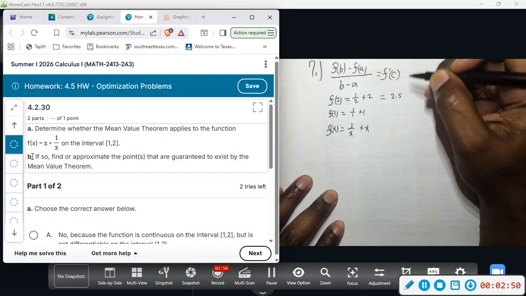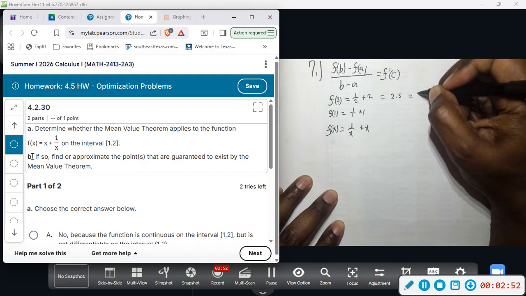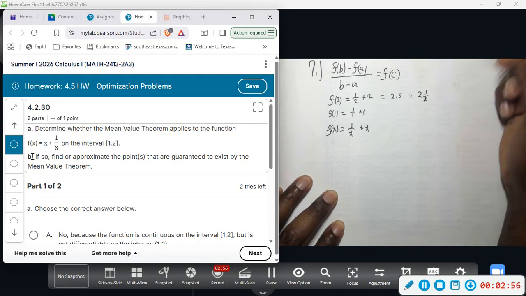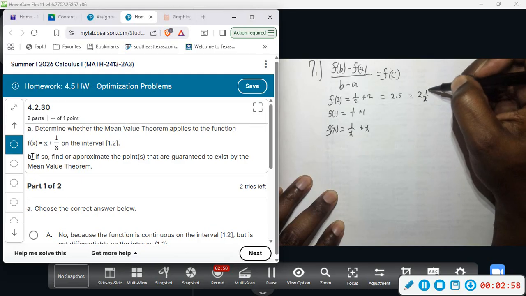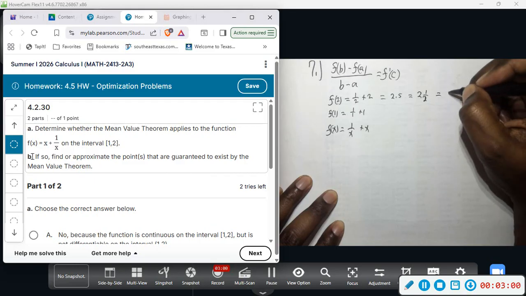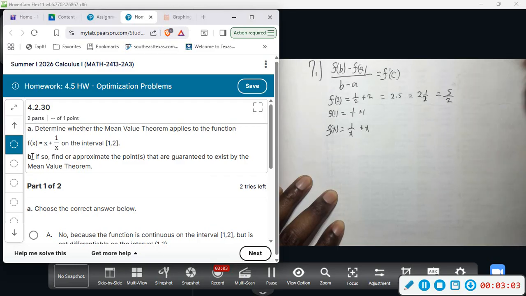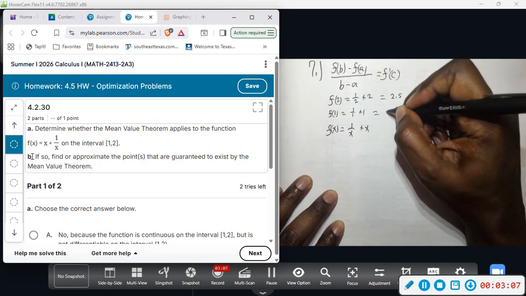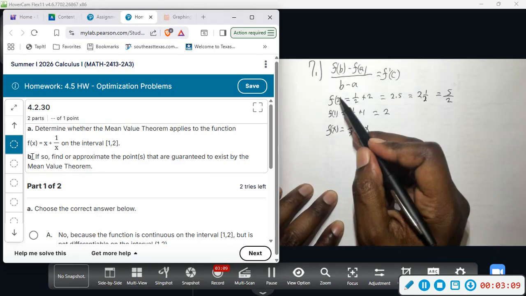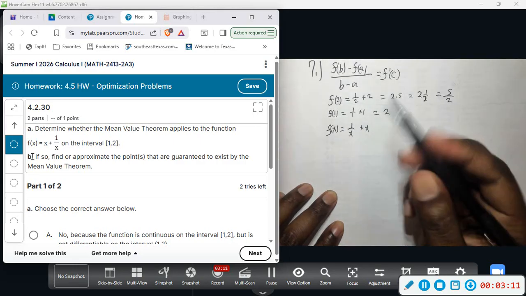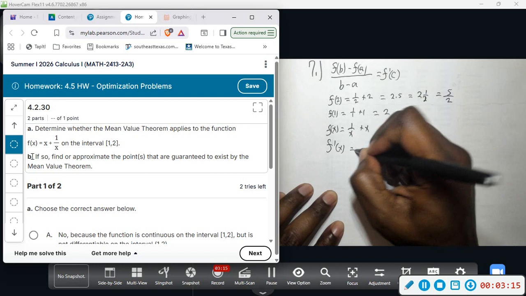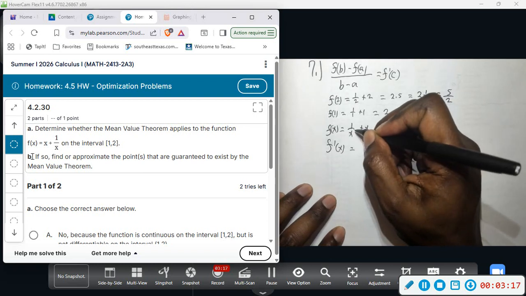So f of 2 is 2.5, or if you want to change it to an improper fraction exactly, which is what we would like to use, 2 times 2 is 4 plus 1 is 5, so we get 5 over 2. And f of 1 would just be 1 plus 1, which would give us 2. All right, so we got f of 2 and f of 1. Let's find the derivative.